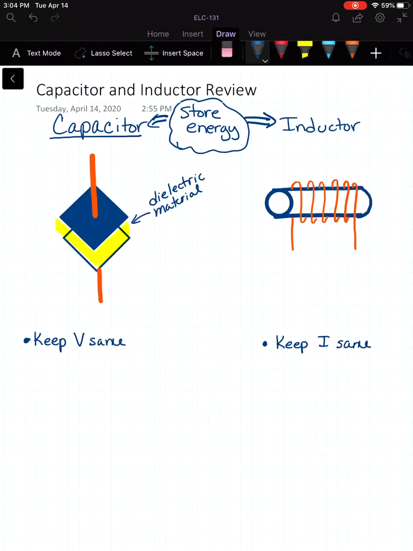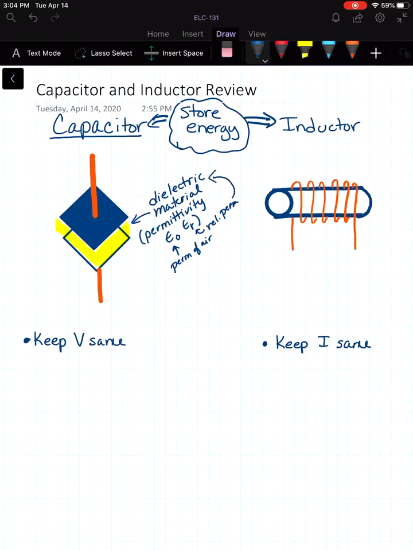We call that property the permittivity of that material, given by epsilon, where epsilon 0 is the permittivity of air, and epsilon r is the relative permittivity of whatever this dielectric material is.